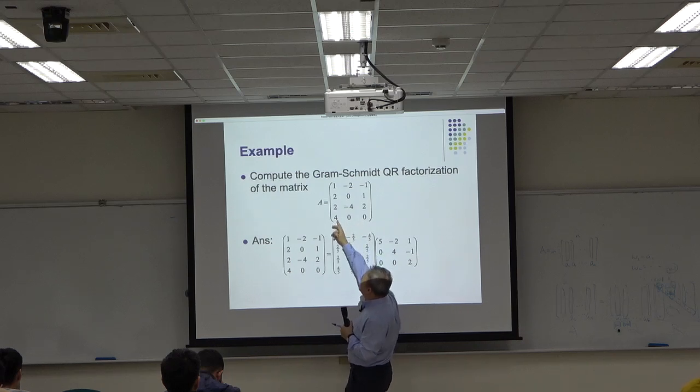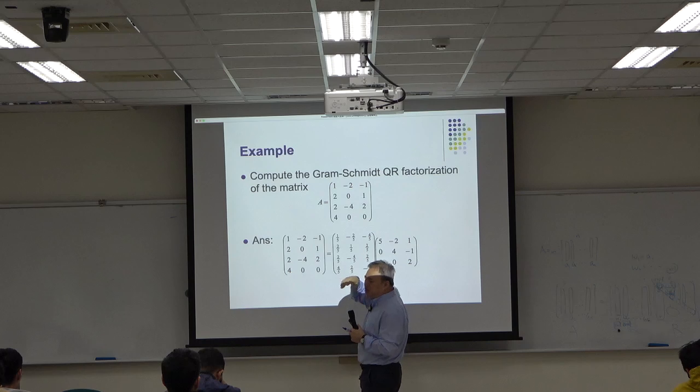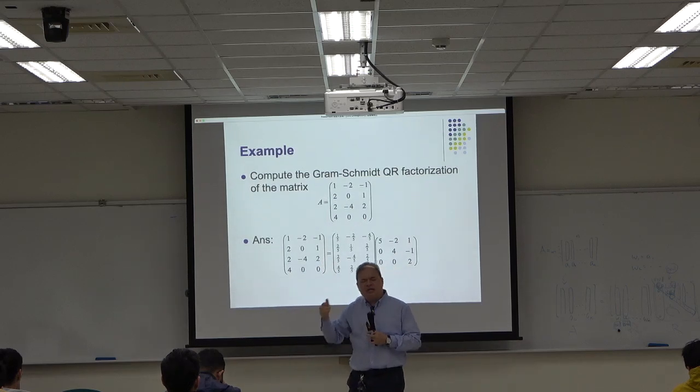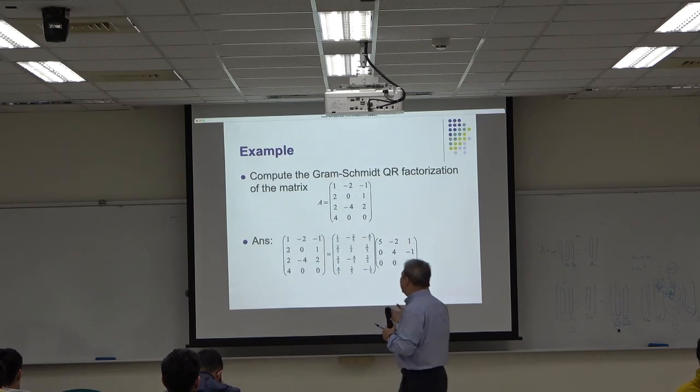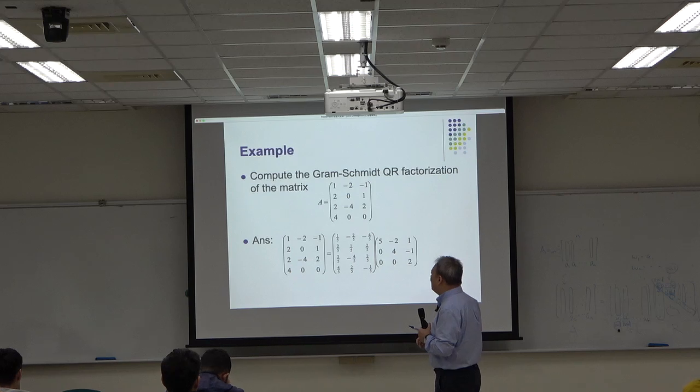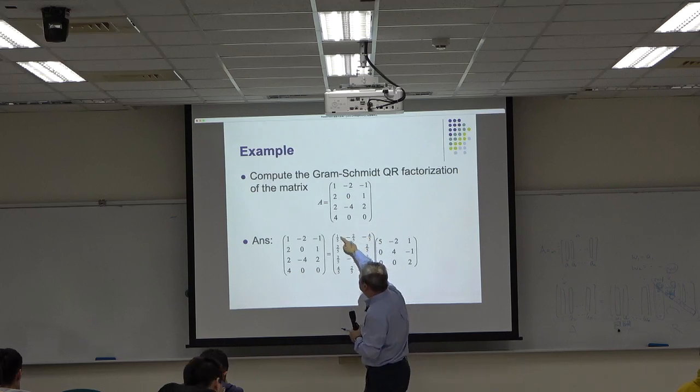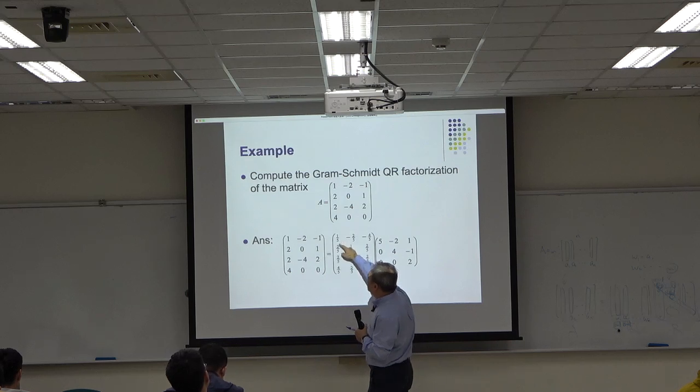The first column vector in the resulting orthonormal basis would be A1, but of course you need to divide by the length of this vector. It's 1, 2, 2, 4, divided by 5. Why do you divide by 5?